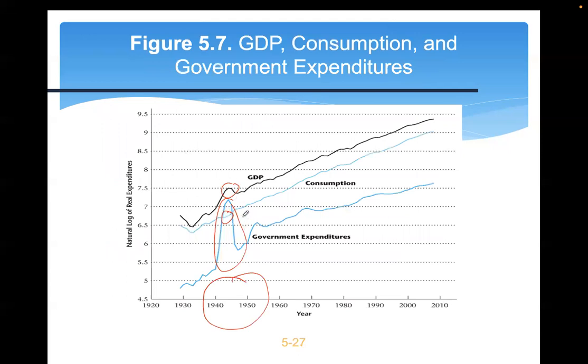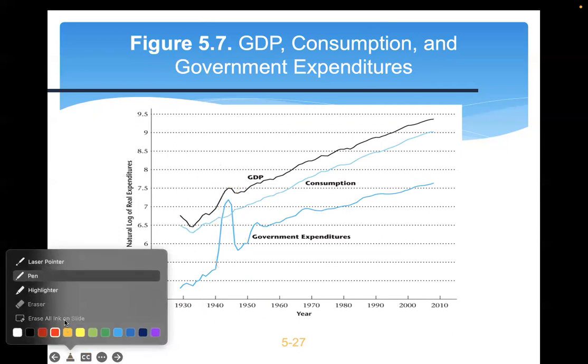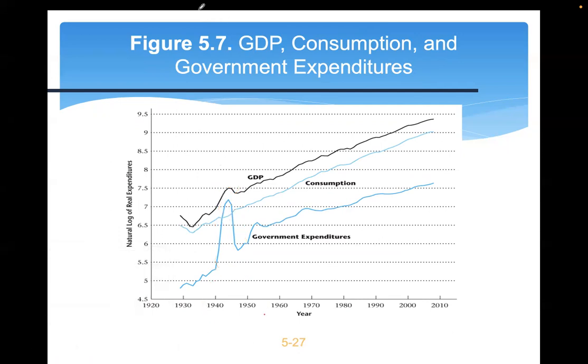So you can see, the government expenditure increased by so much, but the GDP increased by only this amount, and C falls by this small amount.